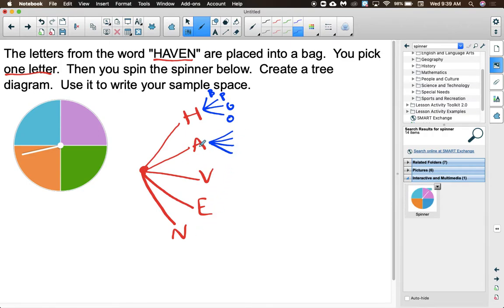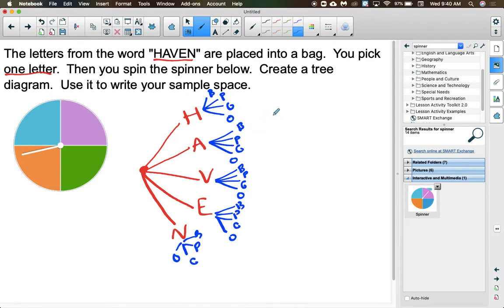If I picked an A, I could still spin the spinner and get a B, a P, a G, or an O. So I just do those same 4 outcomes off of every single letter from the word haven. I'm finished with my tree diagram right now because I've done the 2 steps in my problem. I had to pick a letter, then I had to spin the spinner.